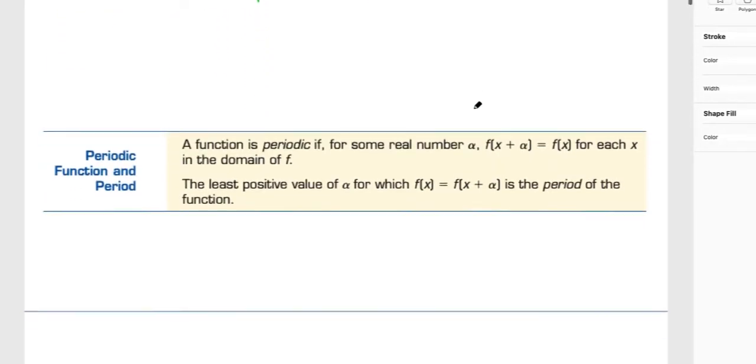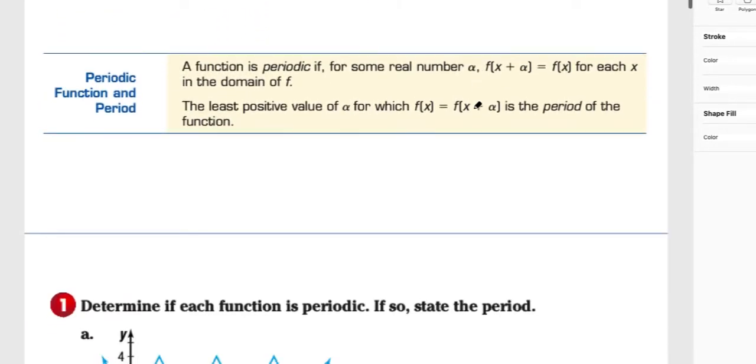Let's go ahead and look at a more mathematical way of determining it. So a periodic function and the period of the function is given in the following way. A function is periodic if for some value alpha, f of x is equal to f of x plus alpha for each x in the domain.